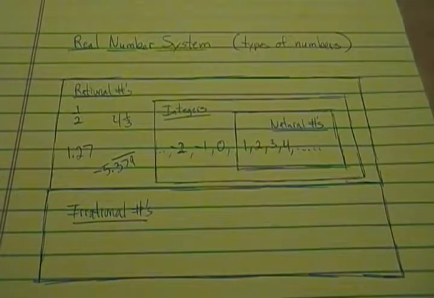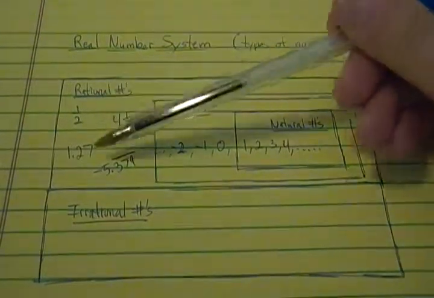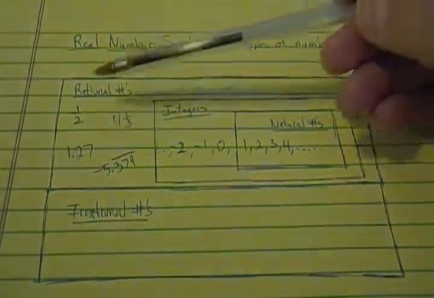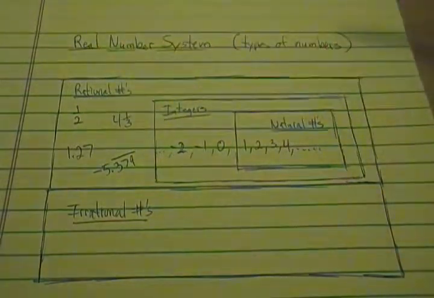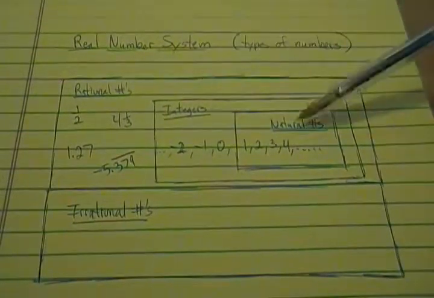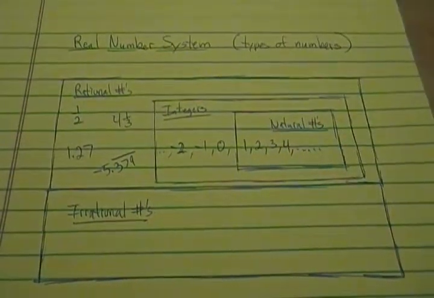So it'll be like -5.379, 379, 379, that just keeps on going like that. That number also could be written as a fraction. It's a little bit trickier to do that, but a repeated decimal, a terminating decimal, one that stops, mixed numbers, fractions, all of those are examples of rational numbers. And remember, the integers and the natural numbers are also rational numbers.